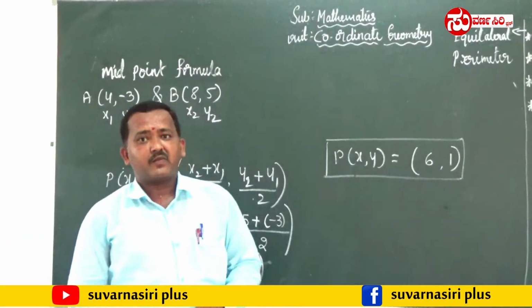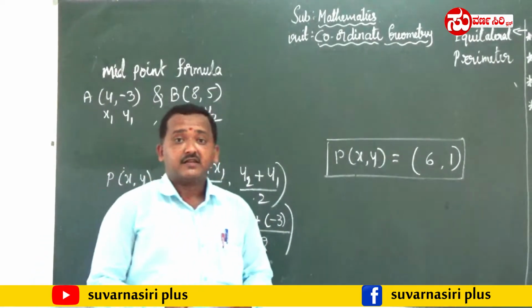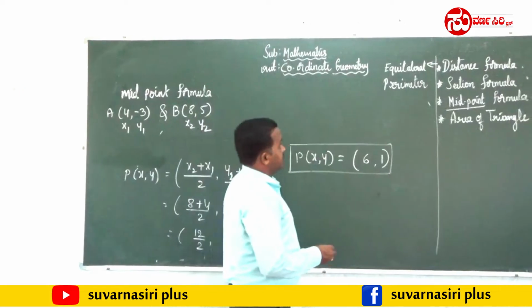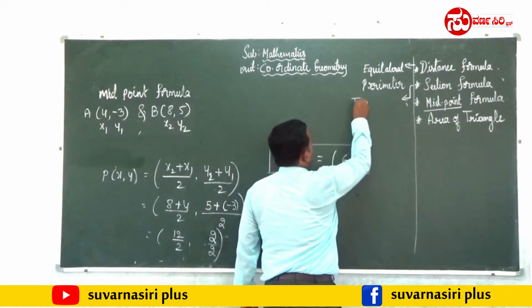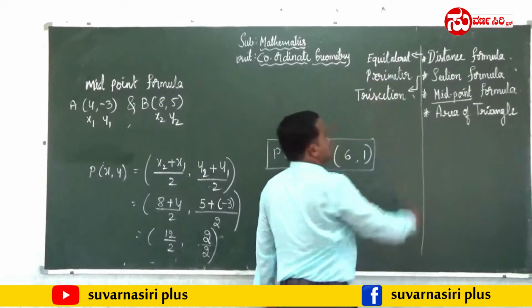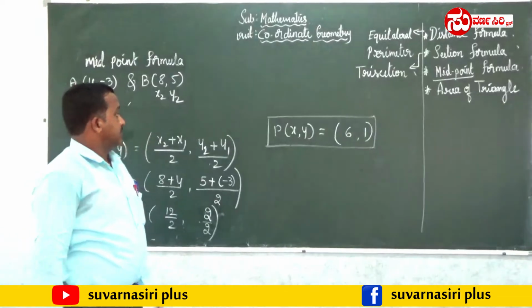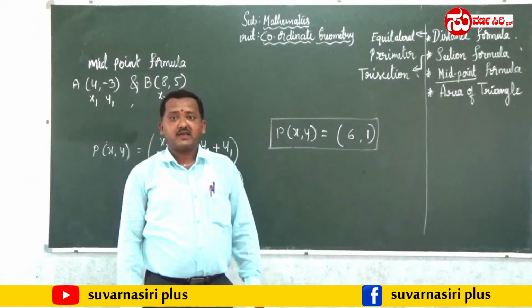So the section formula and the midpoint formula both have their own advantages. In section formulas, you should remember we get problems over trisections. So that kind of problems you should also practice well. And midpoint formulas will help us a lot.